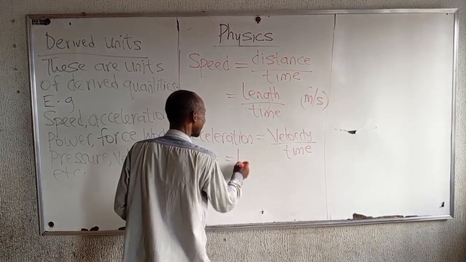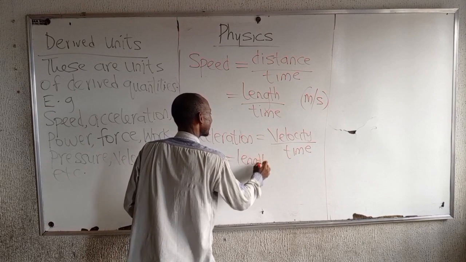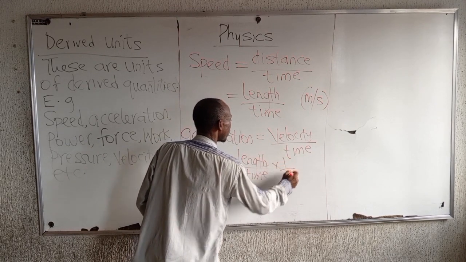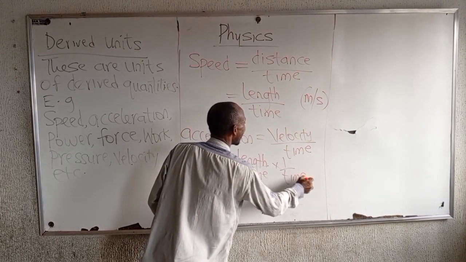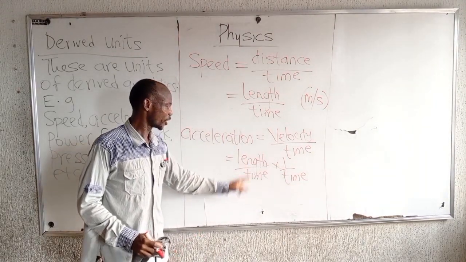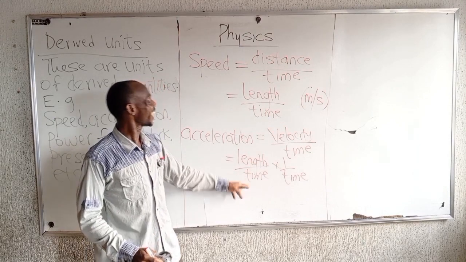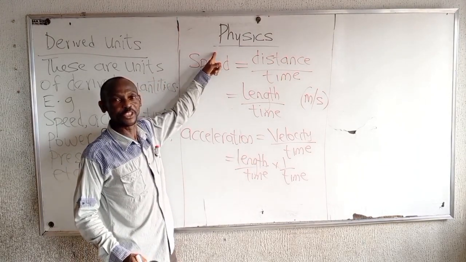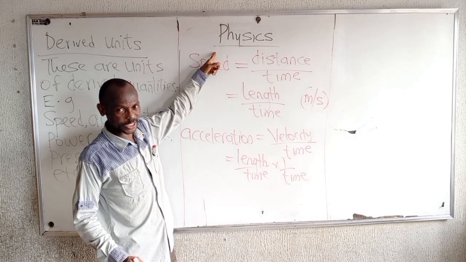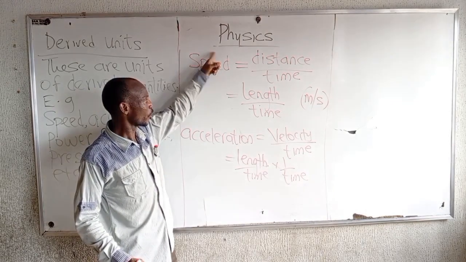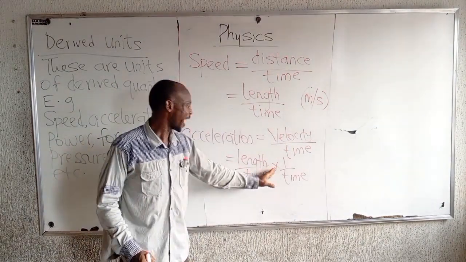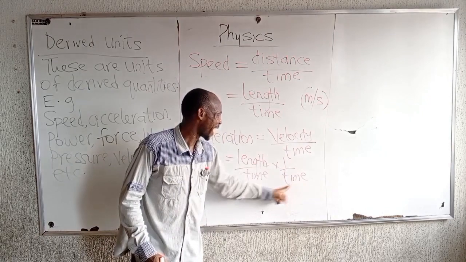Or we say length over time, times 1 over time. This is our velocity. Velocity and speed are the same in respect to their quantity or their unit. So we have length over time for our velocity here times 1 over time here.